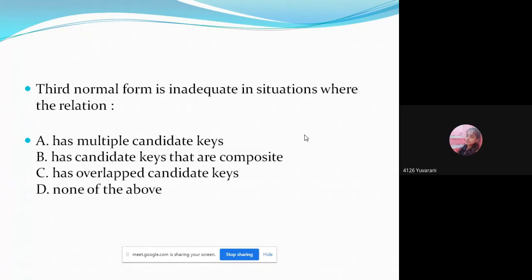C? No. A, ma'am. Yes. A, multiple candidate keys. If you are having multiple candidate keys, in that case.